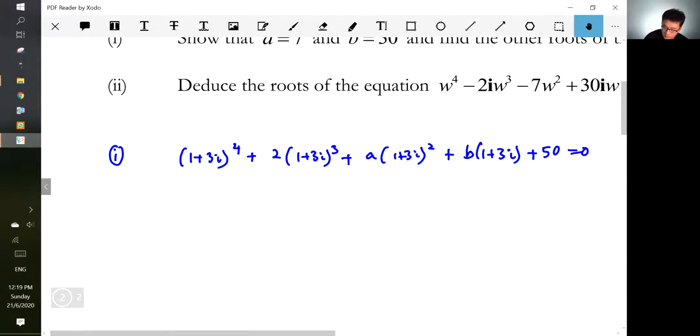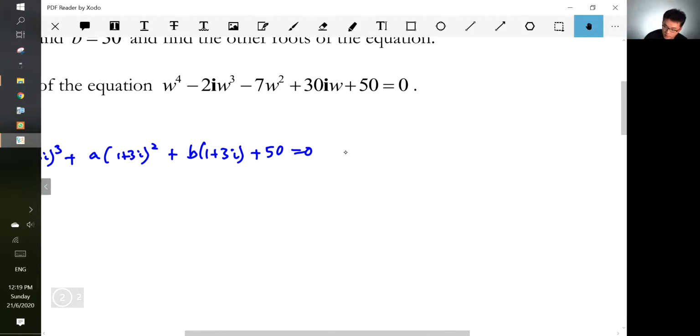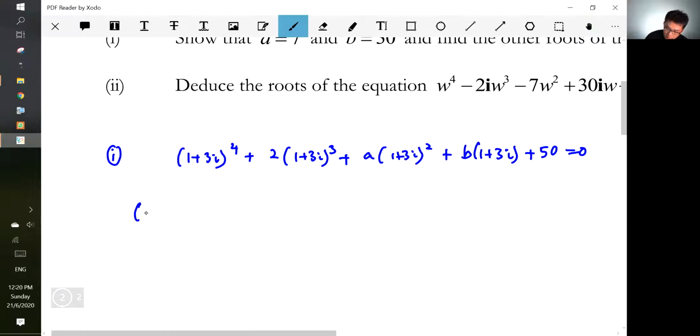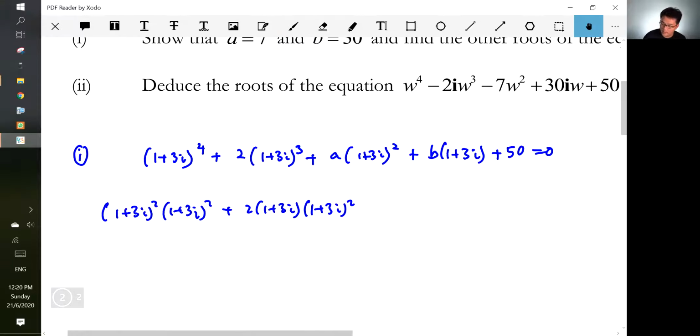So this would be 1 plus 3i squared times 1 plus 3i squared, and then I'll just expand like that. I just keep it as it is first.